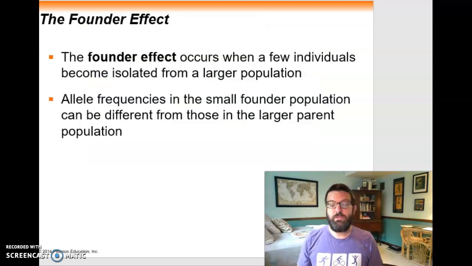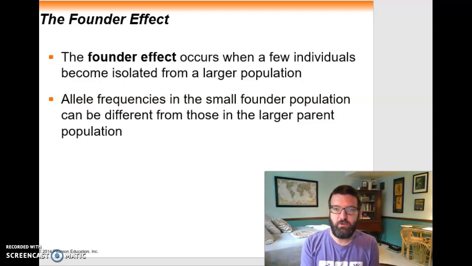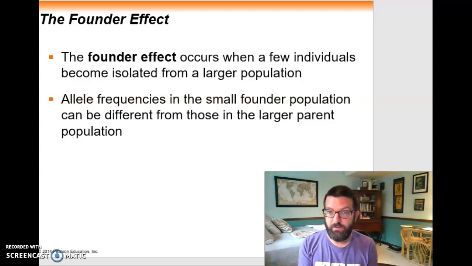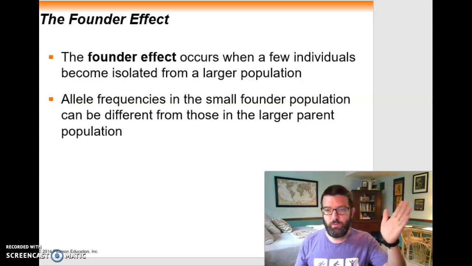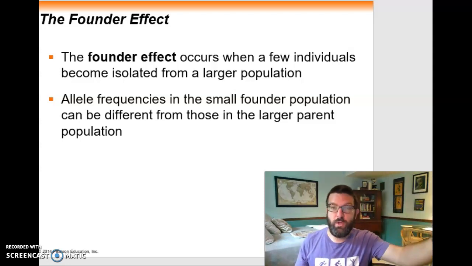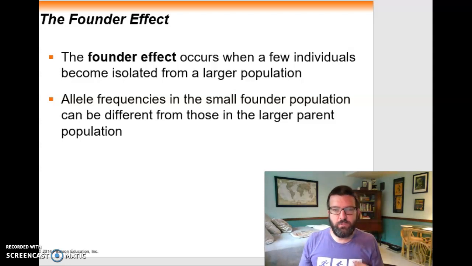Now, there are a couple of situations where randomness and genetic drift can have a pronounced effect on natural populations, and one is the founder effect. So this occurs when you have a big main population that's large, and a few individuals wind up colonizing a new habitat, and those new individuals may have a similar allele frequency to the original population, right?